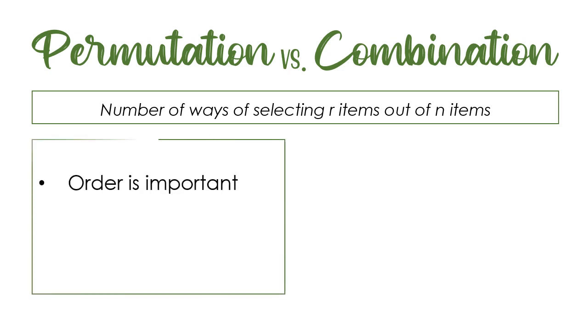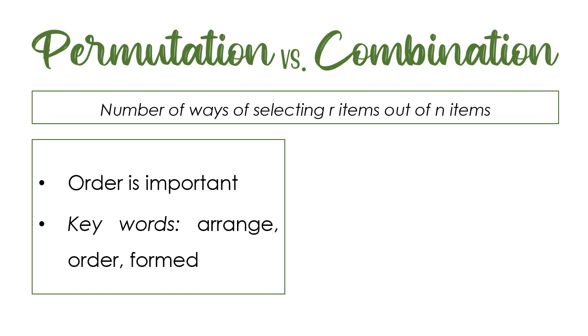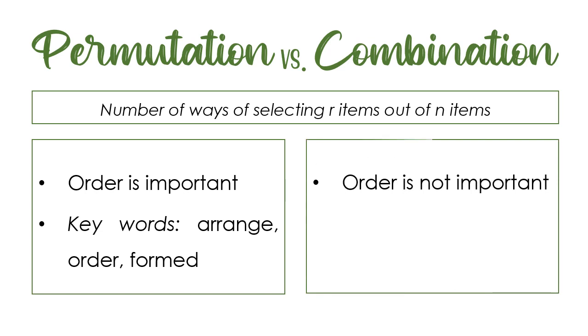When it comes to permutation, the order is important, or the order of the arrangement of objects is important. The keywords when it comes to permutation are arrange, order, formed, and many other keywords. Combination, on the other hand, the order is not important.